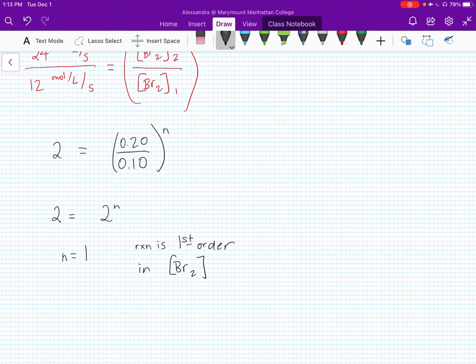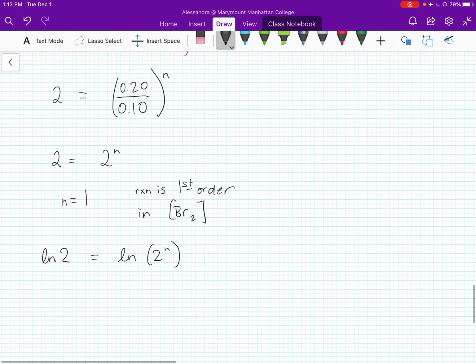If you have something more complicated, it might not be obvious what n is. So just to remind you how to pull the variable out from the exponent, you can solve it by putting a natural log in front of each side. So the natural log of 2 would be equal to the natural log of 2 raised to the n power. And that means the natural log of 2 equals n ln 2.